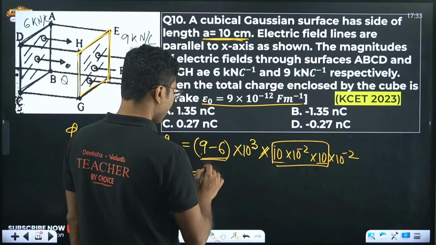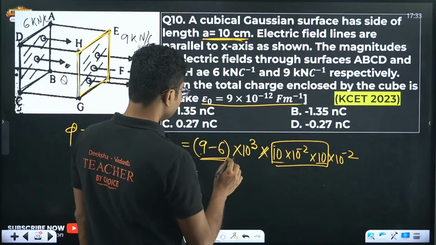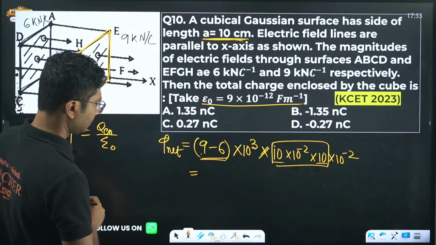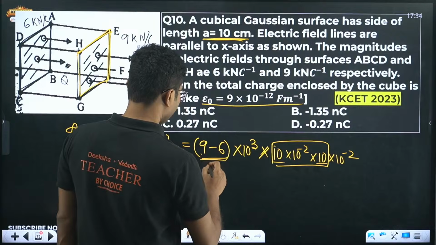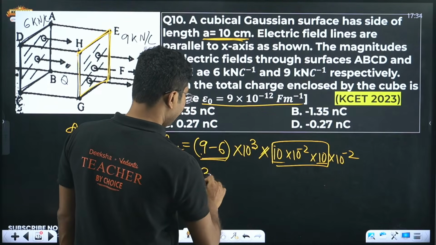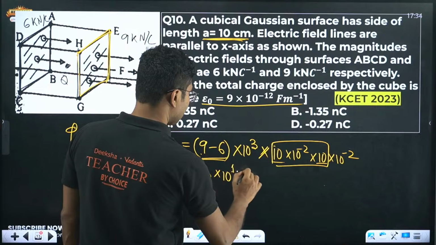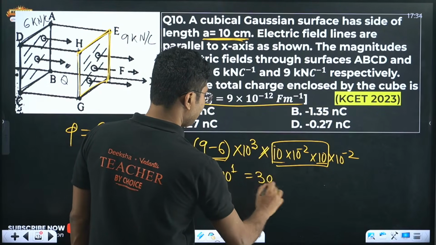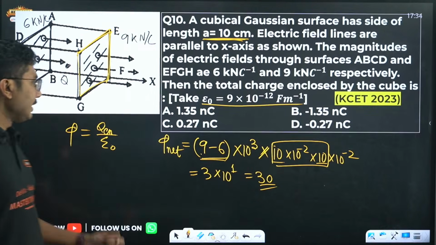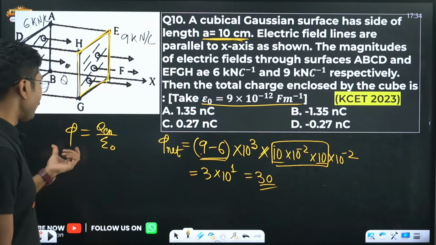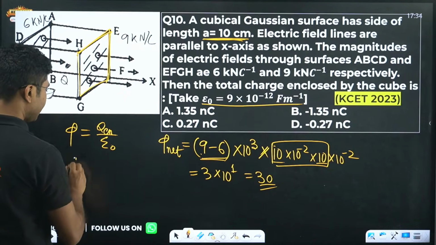So this will be 3 into 10 to the power of plus 1, that is 30. Now remember, this is not the answer. Here we have only calculated the flux. Now we have to put that over here and calculate the charge enclosed.